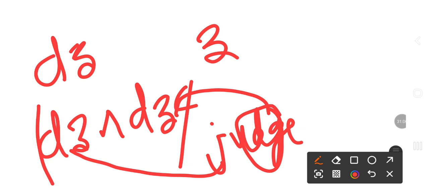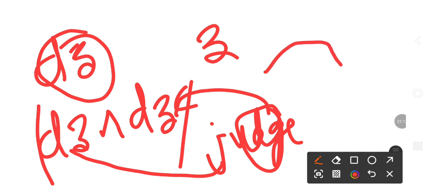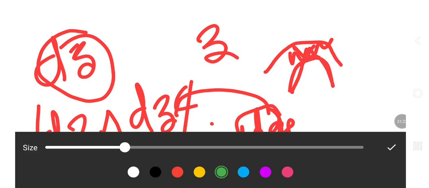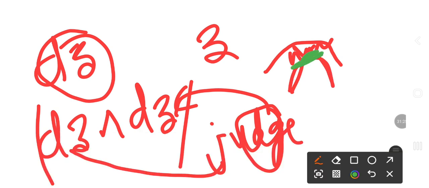When it touches, this sound is produced: judge. Suppose this is the upper part of your mouth, the oral part, and this is the palatal part. When the middle part of the tongue touches this part, this sound is produced, which is called jaw. Jaw.